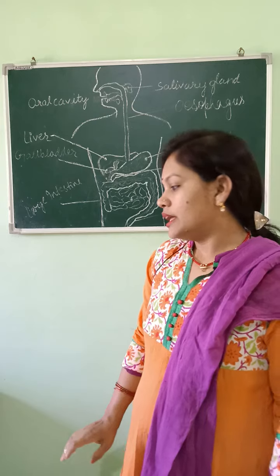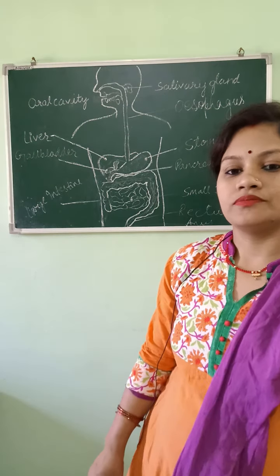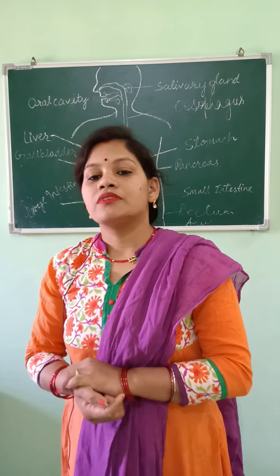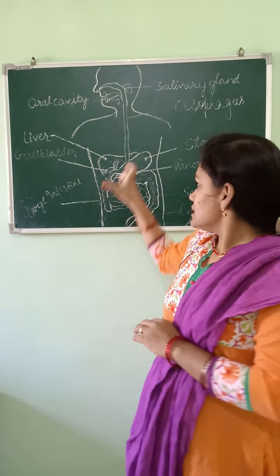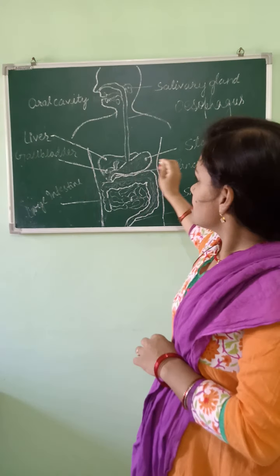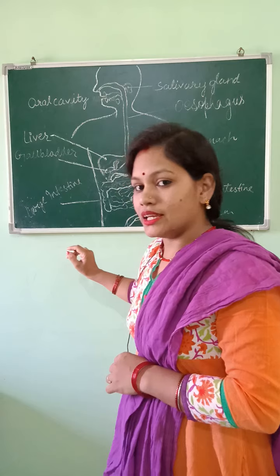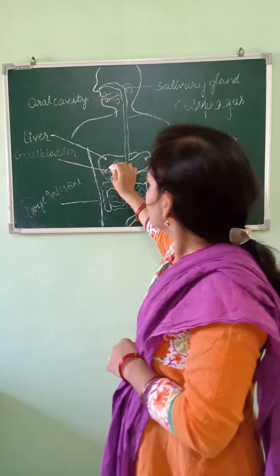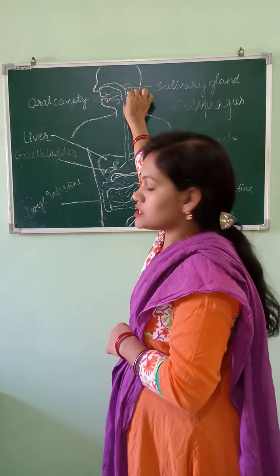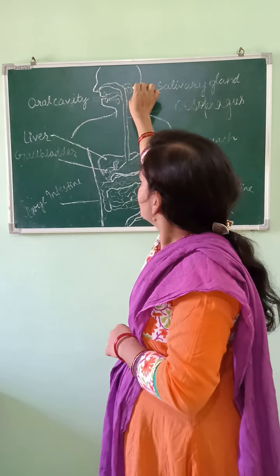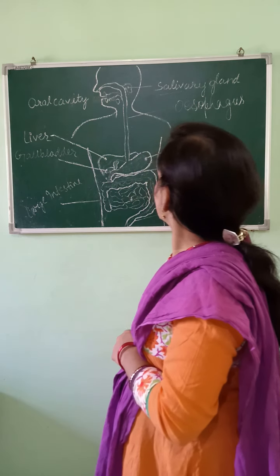Then the time comes for a brief discussion on glands. Now we have some glands which are also responsible for digestion. Firstly the salivary gland, which is found in our buccal cavity, then second the liver, and third the pancreas.